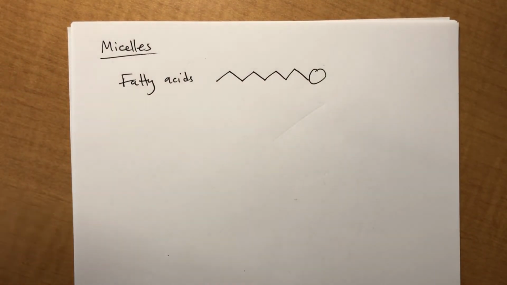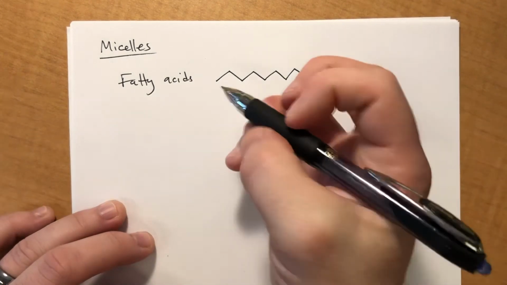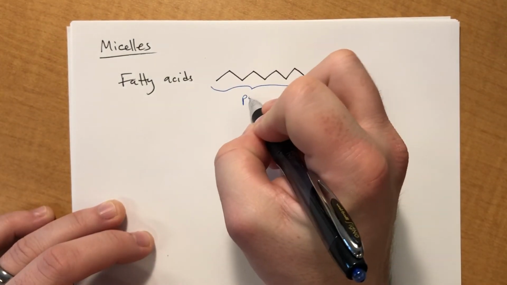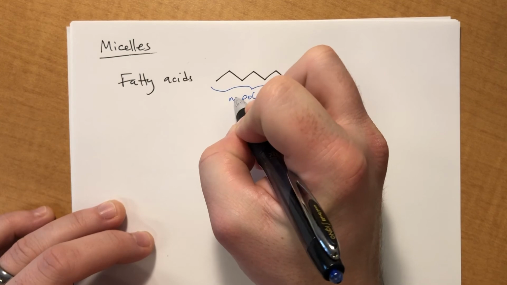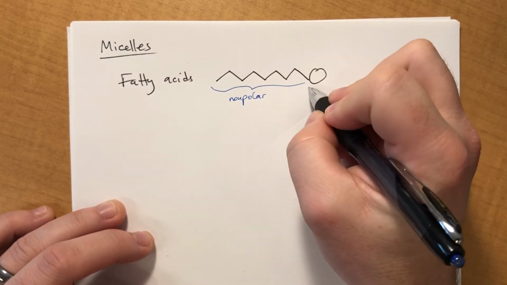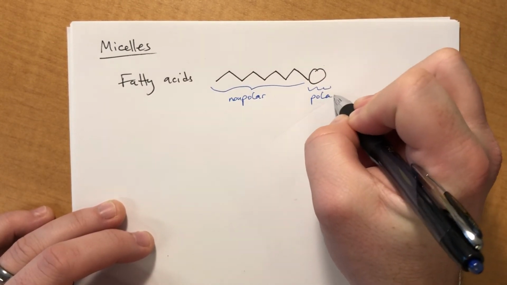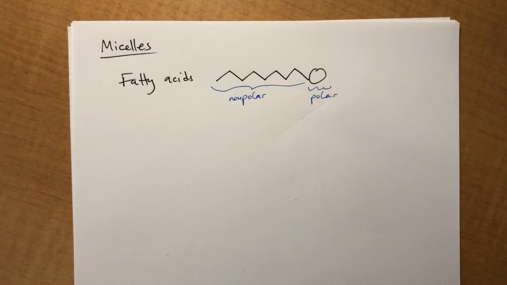So they're actually both polar and non-polar. They have a big chunk that is non-polar, and then they have a polar end. And what happens is if you lump these things together, polar sticks to polar and non-polar sticks to non-polar.